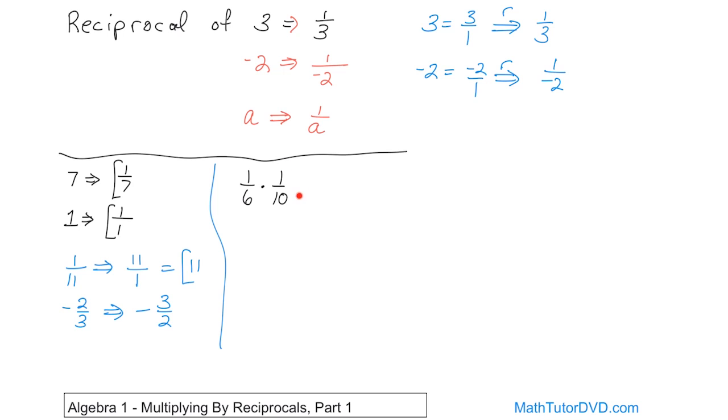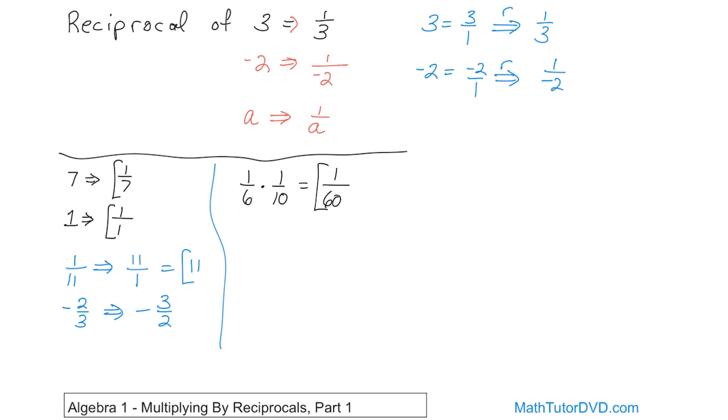These are just fractions, just like any other fraction, and we've done a lot of work with multiplying fractions already. Now you might know that 1/10 is the reciprocal of 10, but when you're doing this operation, it's the same as you've always done. 1/6 times 1/10, you multiply the top numbers, giving you 1. You multiply the bottom numbers, giving you 60. So you just perform the operation as usual.